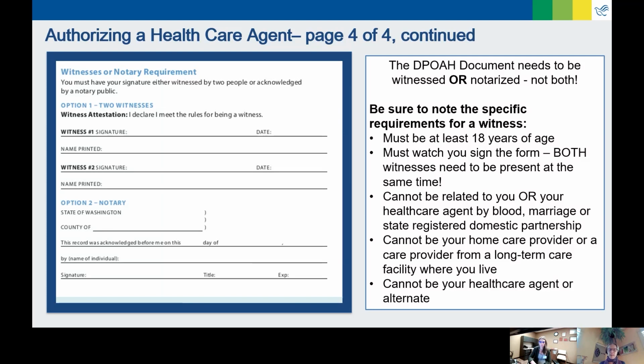Or if you're concerned that the document may be contested in any way or create any conflict in your family, super helpful to have it notarized. If you do choose to have it witnessed by two people, please keep in mind that there are very specific requirements for who can and cannot witness this document. So that's included on the document.